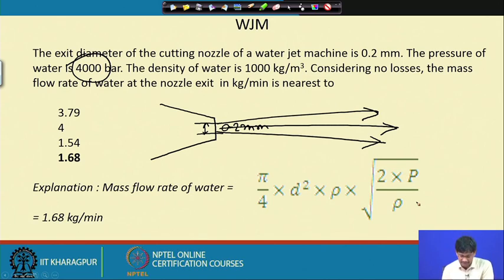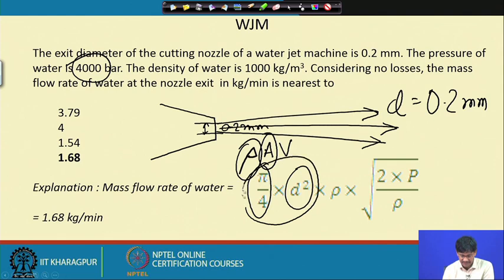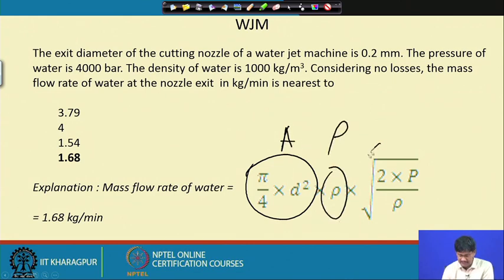First of all, we know that mass flow rate will be equal to rho into A into V, where rho is the density, in this case 1000, A is the cross sectional area, which is pi by 4 into d square, where d is given as 0.2 millimeters.